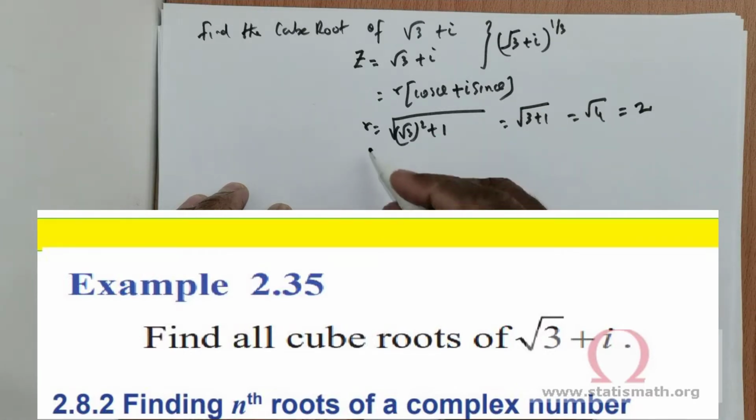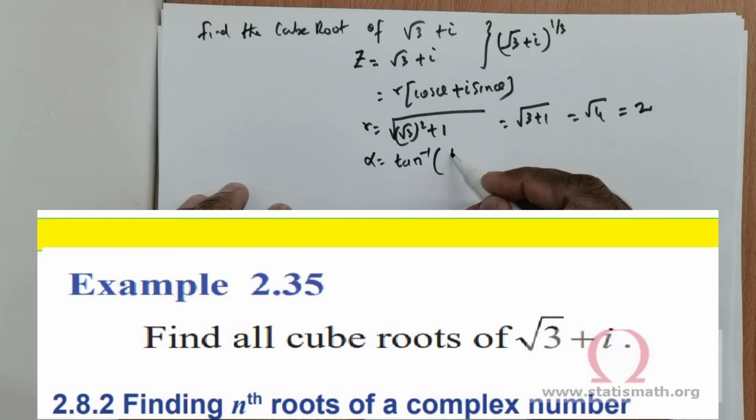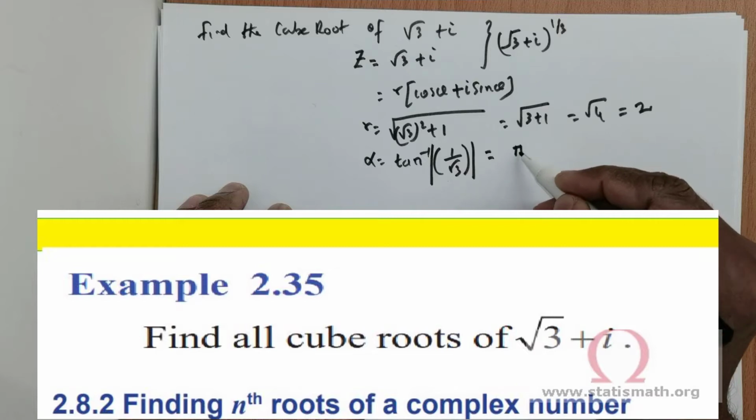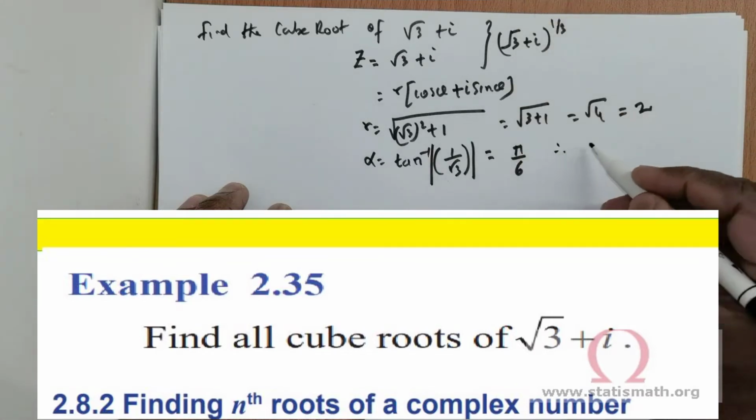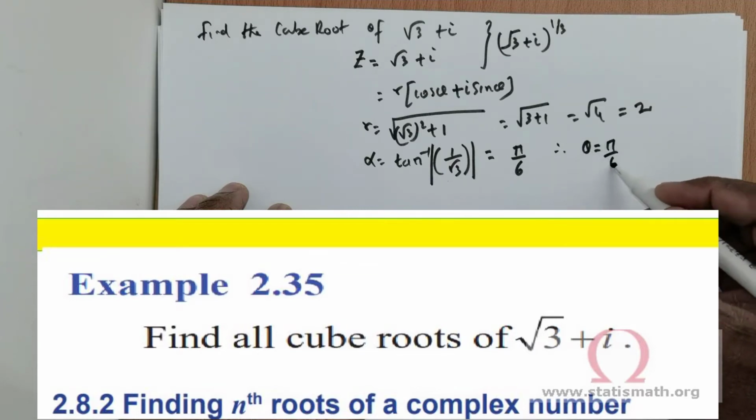This is the value of r, and alpha is going to be tan inverse of 1 divided by √3. Of course, we can take the modulus, and that gives me π/6. Now this is clearly in the first quadrant, so the θ is going to be π/6.